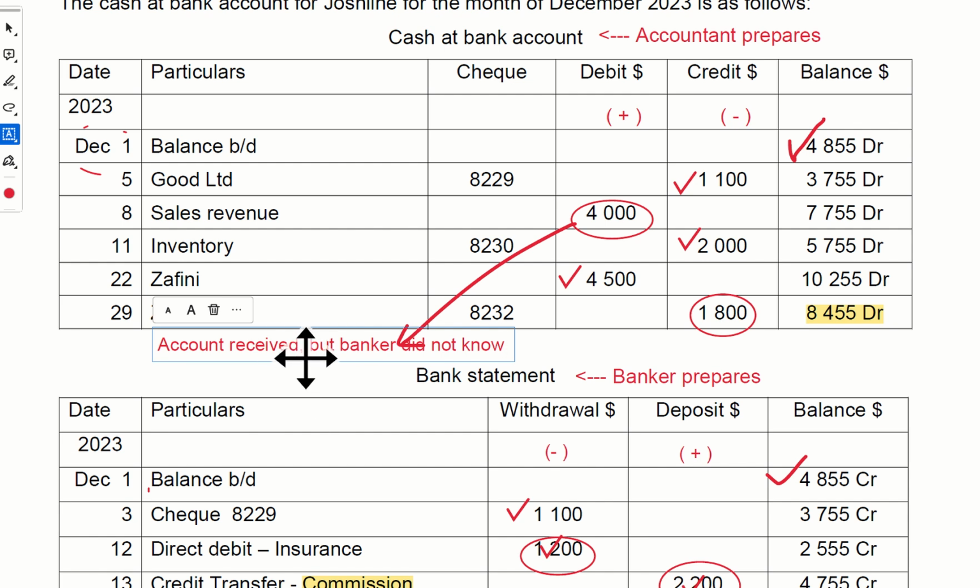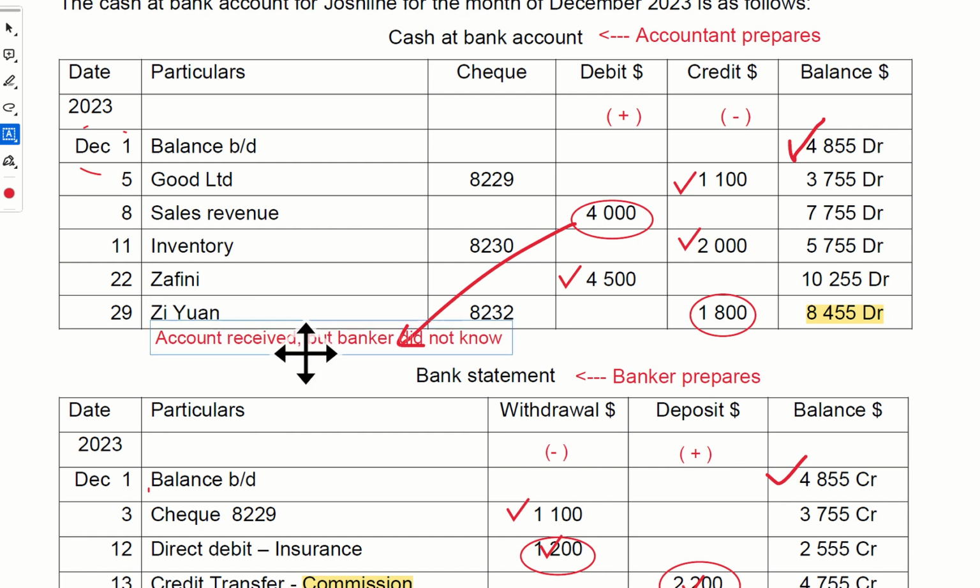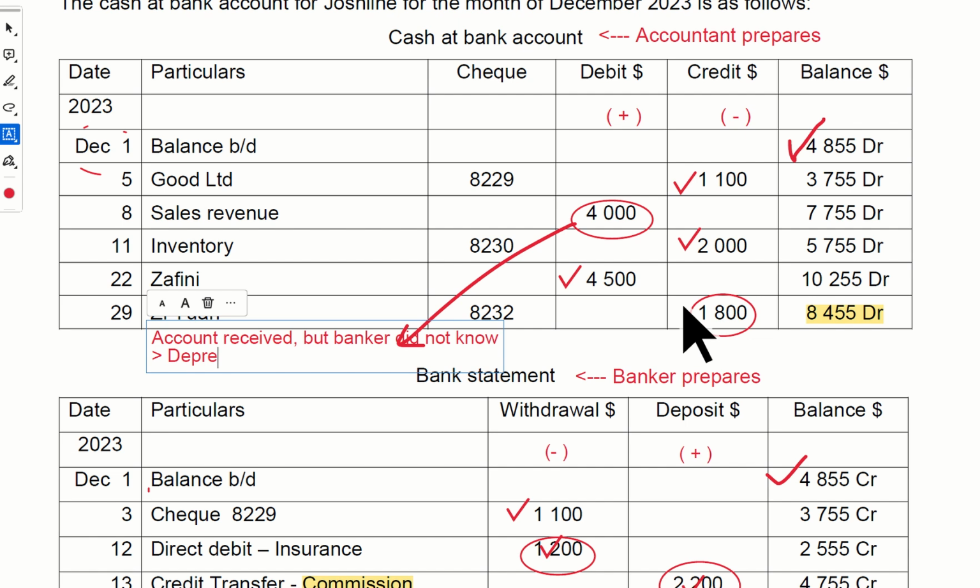Your accountant received, but your banker did not know. Now, this has a special name, and the special name of this item here is called deposit in transit.